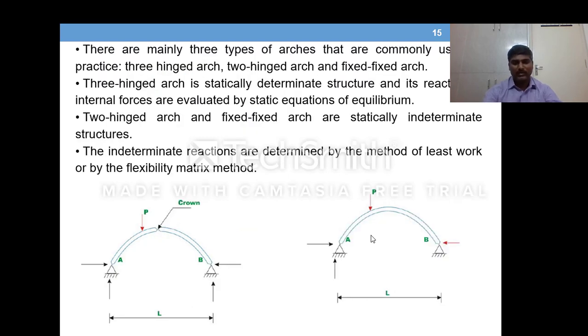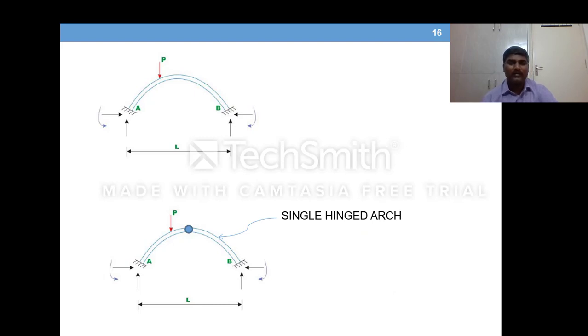These are some of the pictures depicting the types of arches. The first one is a three hinged arch, and the second one is the two hinged arch. This one is also a two hinged arch, and you can see the fixed arch.